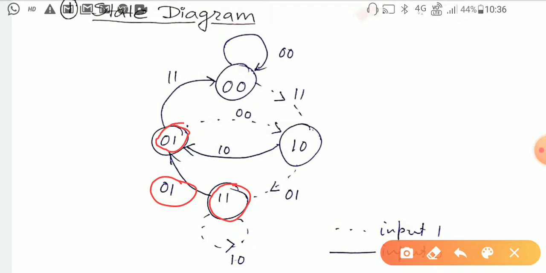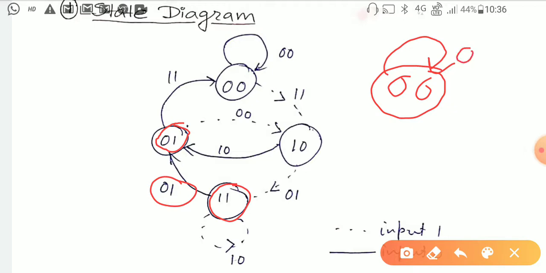Otherwise, you can also apply the same as a bold line, but you specify it as a slash form. As I say, in this case, consider the first condition, let the input be 0 and the present state 0 0. If you apply 0 as the input, at that time you write it as 0 slash 0 0.